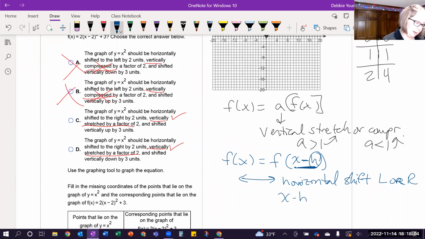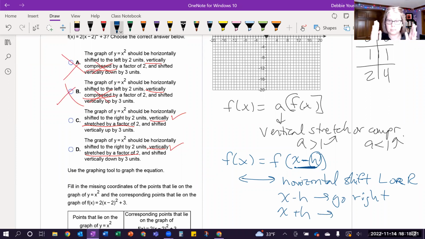So if you see x minus h, your brain says to go left, do the opposite, you go right. Pen's a little glitchy, go right. But if you see x plus a value, your brain is going to say, oh, plus, that's to my right. Do the opposite. So in this case, go left.